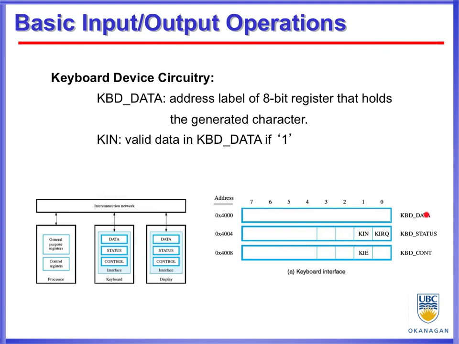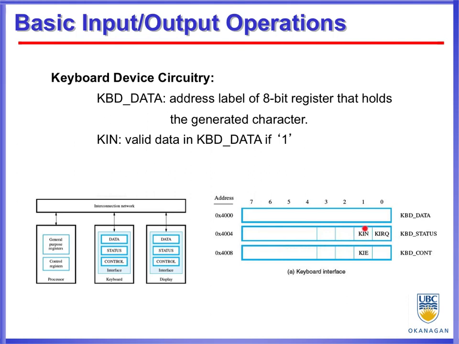The keyboard data register only needs to be 8 bits long, because when you type a character, you only need the ASCII code to represent that character, and the ASCII code is only 8 bits. Well, 7 bits actually. It fits in a byte. So this data register right here is just 8 bits long. Let's call it keyboard data. We also have another register that's 8 bits long. Call it the status register.